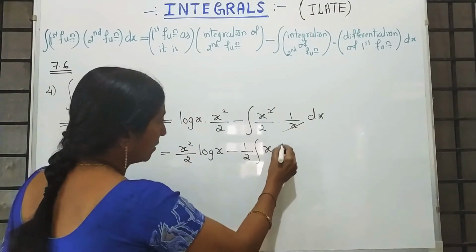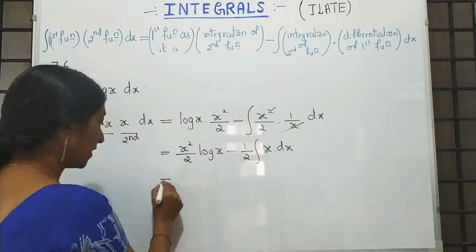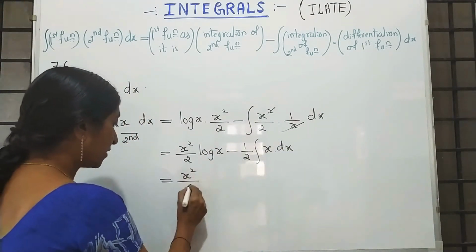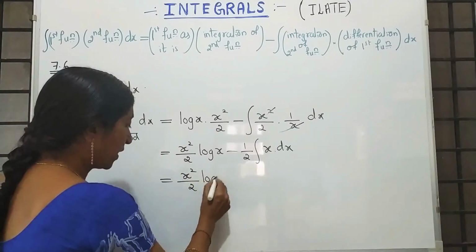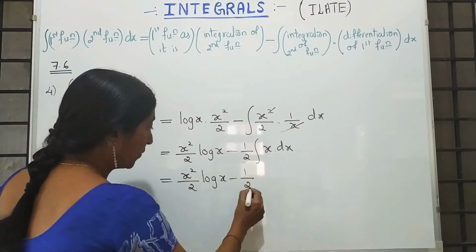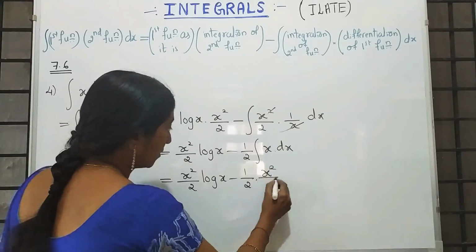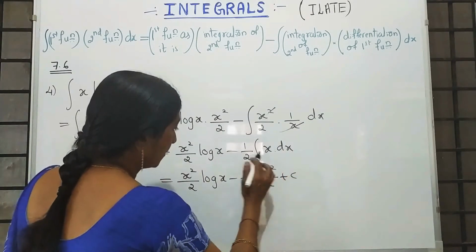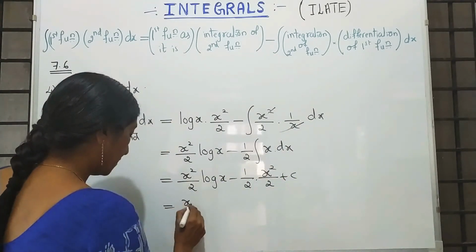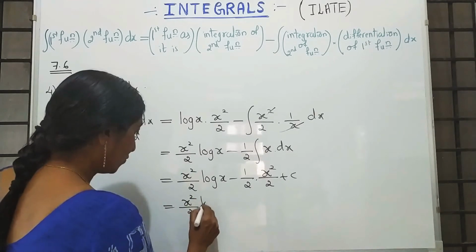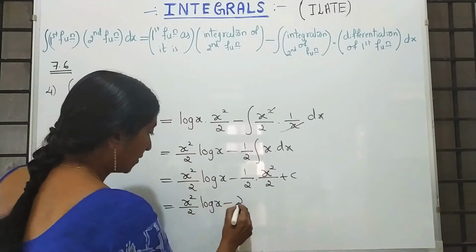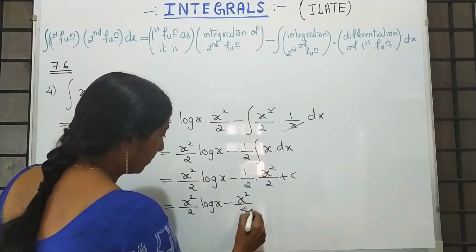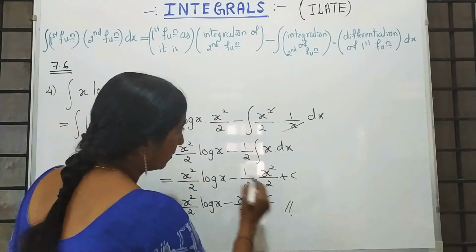Only x is remaining, only one term is remaining. So it is x square by 2 log x minus 1 by 2 integration of x, which is x square by 2, plus c. So x square by 2 into log x minus x square by 4 plus c.